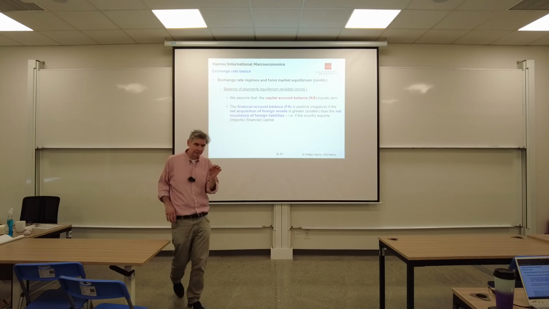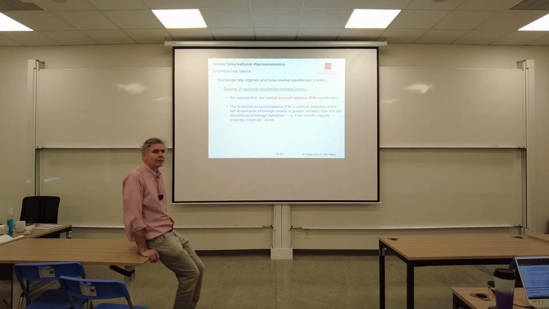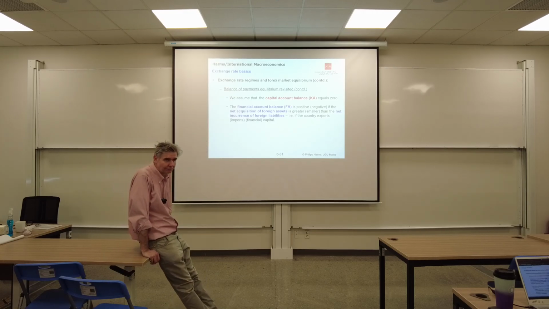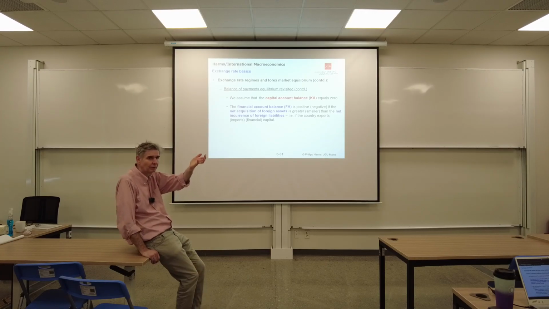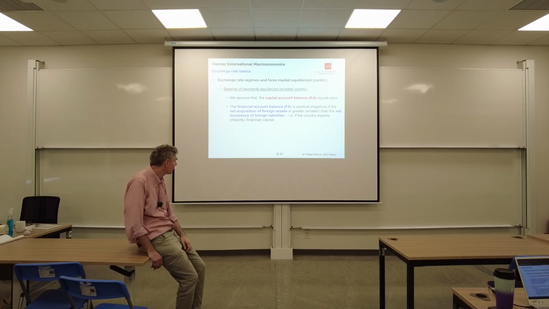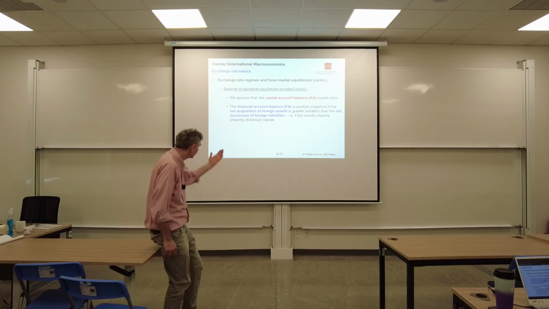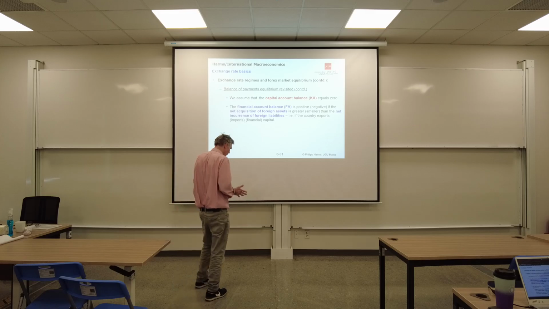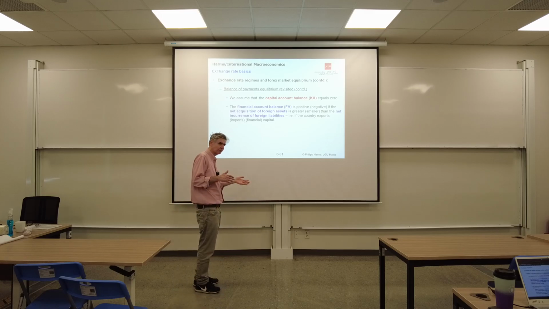Now please note, if the financial account is positive, you actually buy more foreign assets than foreigners buy domestic assets. So your assets increase more than your foreign liabilities. And if it's negative, then your liabilities increase more, then you have capital inflows.